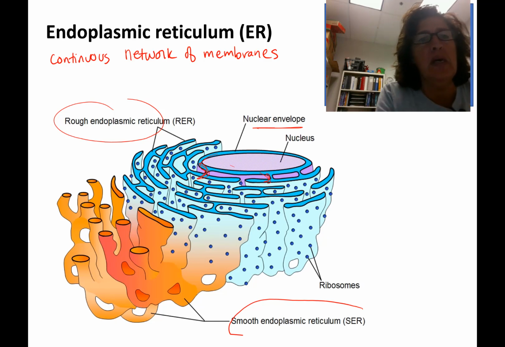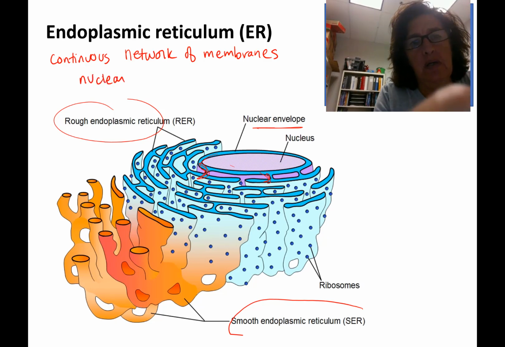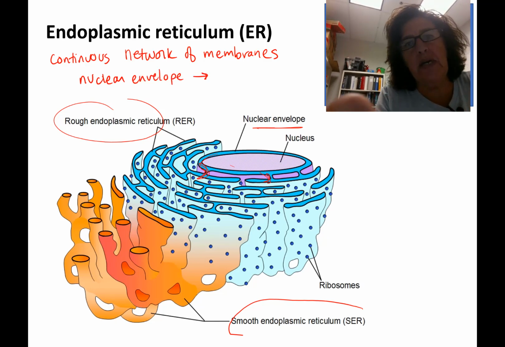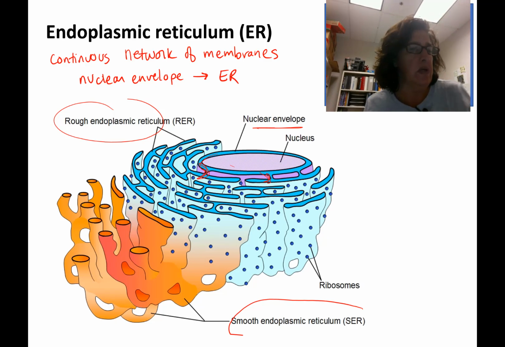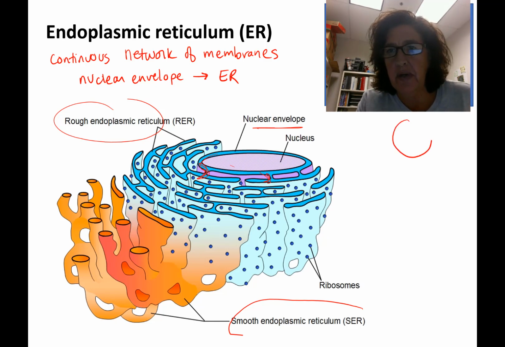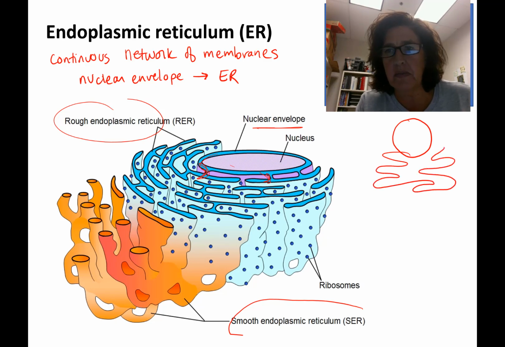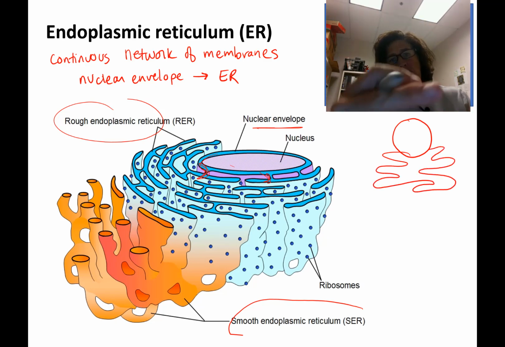So it goes from the nuclear envelope, and that develops right into the ER. So they're all interconnected. Usually when I draw it, I would have my nucleus here, and then I just kind of draw these, that's how I diagram the ER. So you can kind of see that.